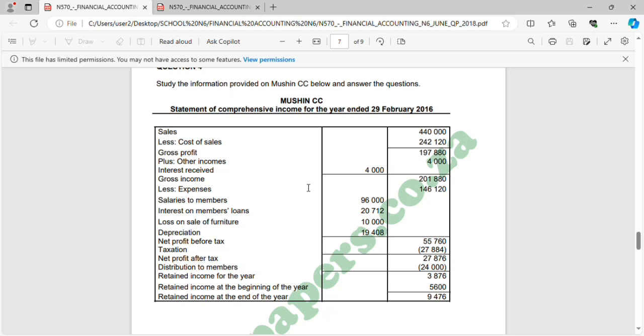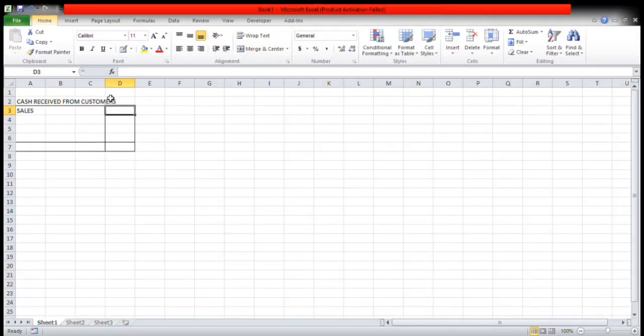Even if the additional information affects sales, I'm not going to consider it, because we have been given the final amount of sales, 440,000. So 440,000 is the amount that is going to be reflected on the cash received from customers as the sales amount. I'm going to take 440,000 and make it our sales.